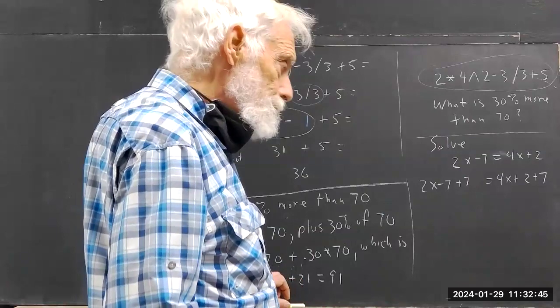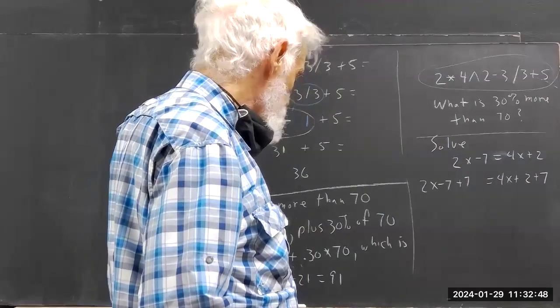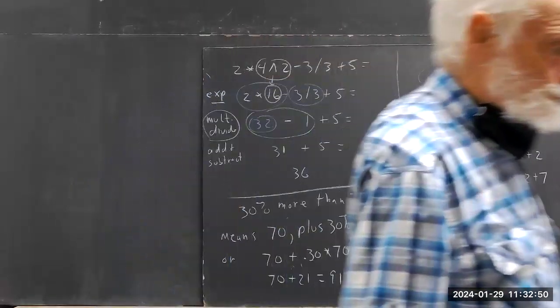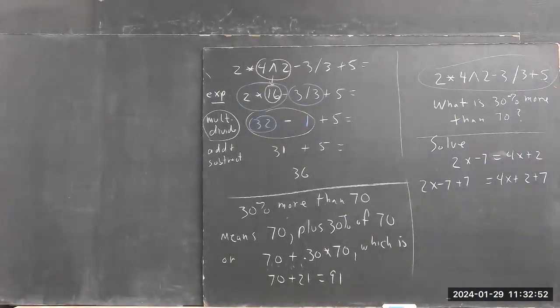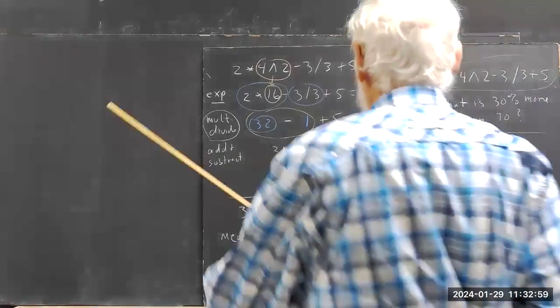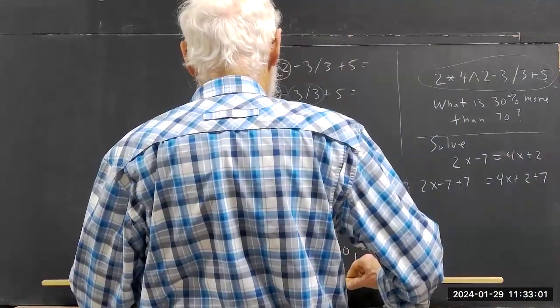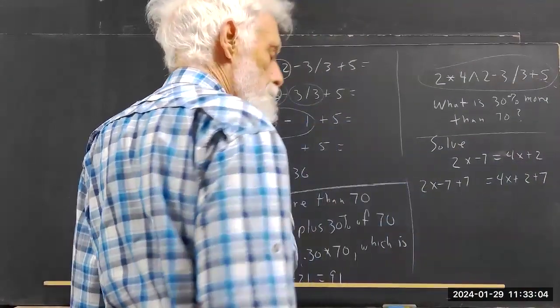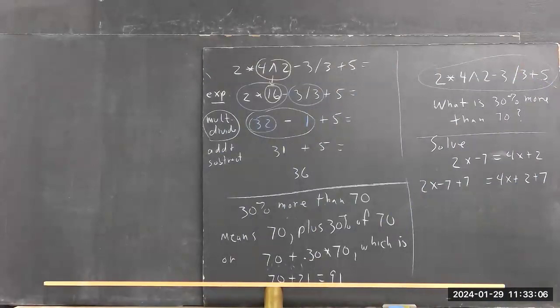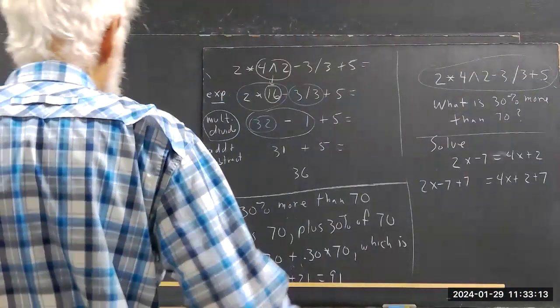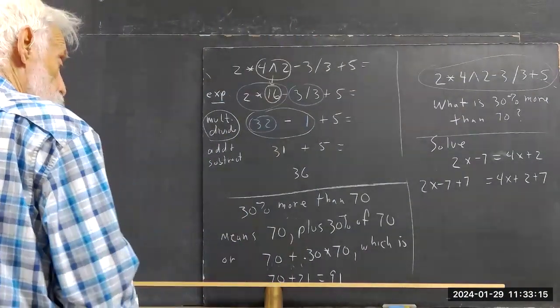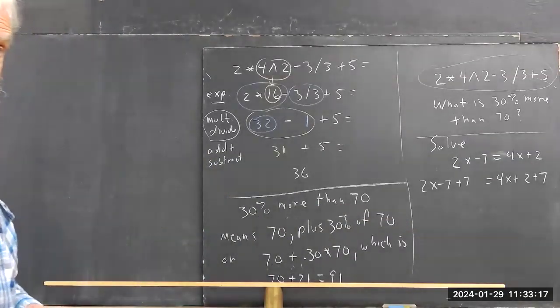Now I'm going to actually give you a visual demonstration of what this might mean. Okay, that's balanced. I have the same amount of stuff on both sides. I got half the meter stick on this side, half the meter stick on that side.